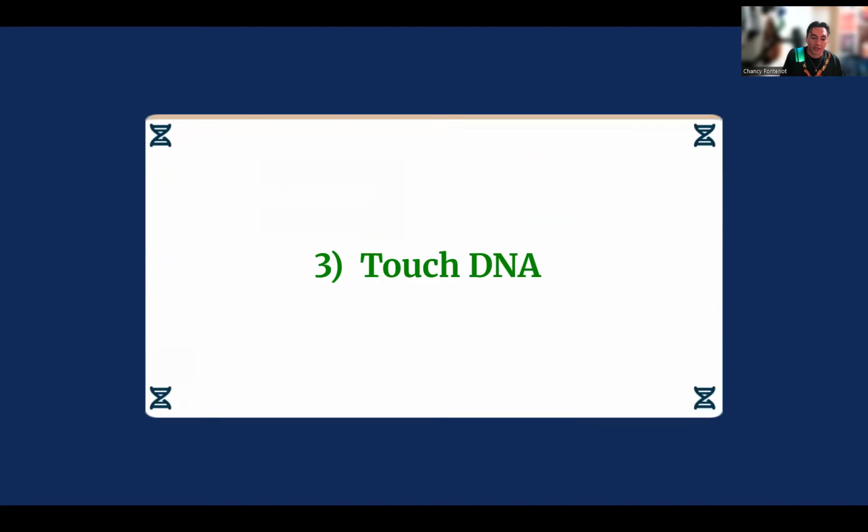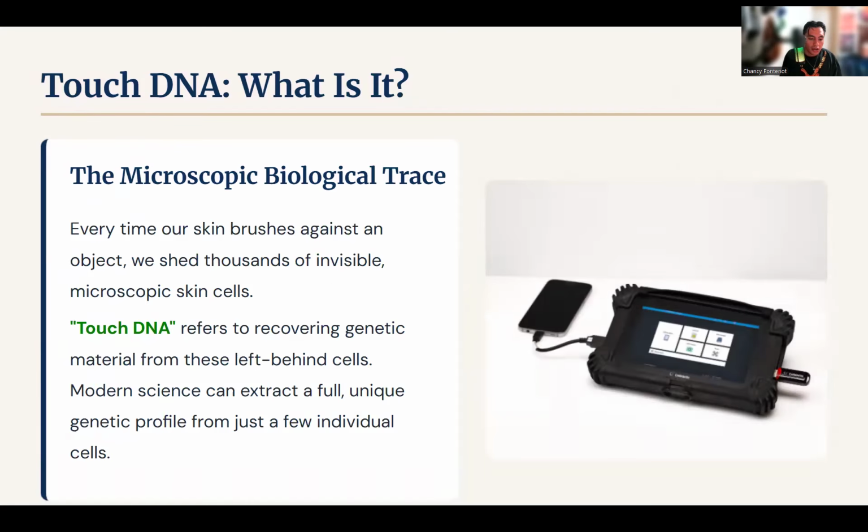Now, let's leave the visible world behind and zoom down to the molecular level for our third pillar. This is known as touch DNA. Touch DNA targets the invisible skin cells that we naturally shed every single day just by interacting with our environment.